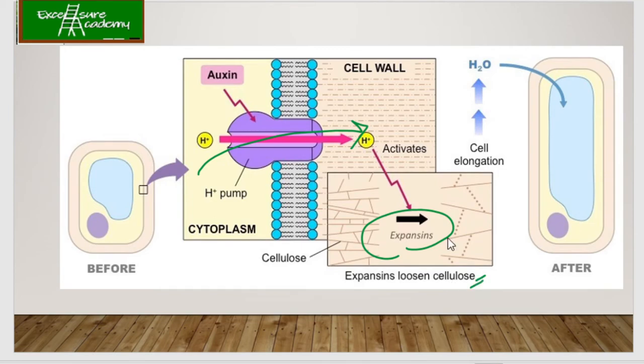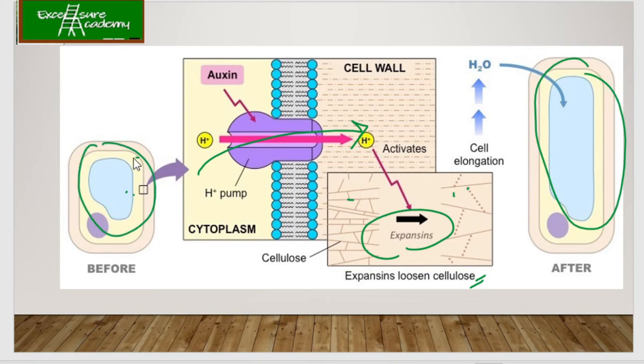Because of this, the compact structure becomes loosened, and during this loosening there is an increase in water uptake into the vacuole. That puts turgor pressure on the cell wall, and finally the cell gets extended. You can see that from this small size it is going to increase to a larger size.